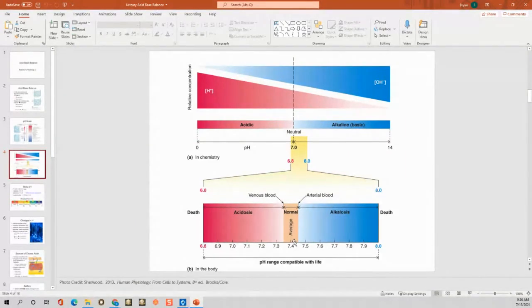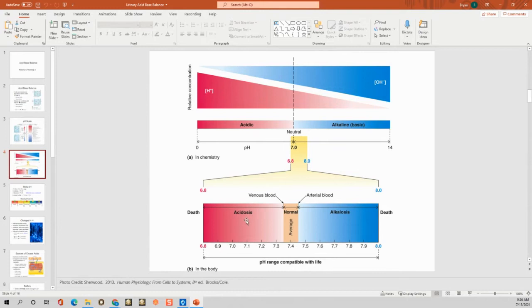Homeostasis for blood pH is 7.35 to 7.45. That's your range. Venous blood tends to hang out more around 7.35. Arterial blood tends to hang out more around 7.45. Venous blood has more carbon dioxide, so it's more acidic. We'll come back to that.